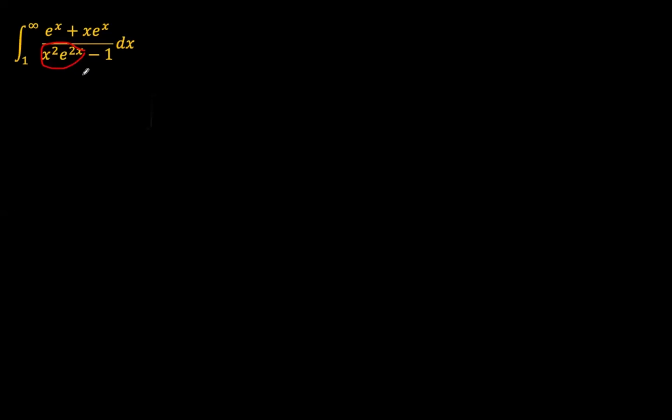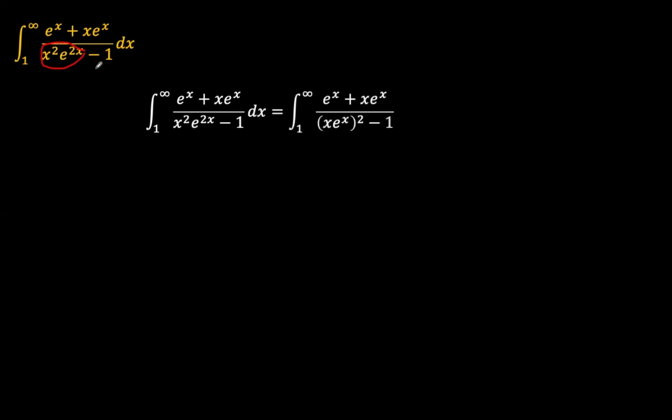And that means that I could use the difference of two squares idea. When you multiply them, then you do have an expression like this, since 1 is 1 squared. So I've decided to bunch these together. So we have x times e to the power x here in the denominator, squared.